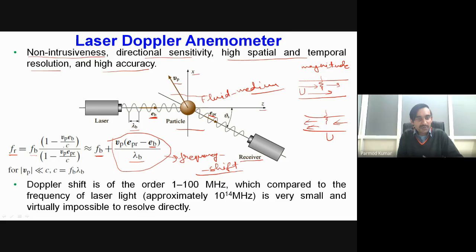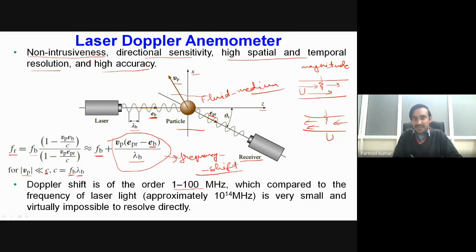This formulation is applicable for particle velocities very small in comparison to the speed of light, and the speed of light for the incident beam in the fluid medium is equal to the frequency of the beam multiplied by the wavelength of the beam. The Doppler shift we obtain is of the order of 1 to 100 megahertz, which in comparison to the frequency of the laser light is very, very small.